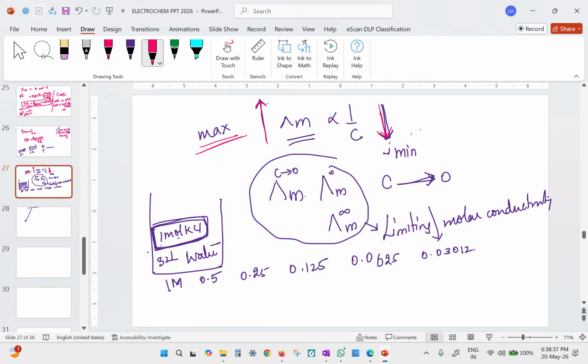That maximum possible value is the limiting value. Nothing more than that is possible. So we say it is limiting molar conductivity, and it is represented with lambda m at concentration approaching zero, or lambda m naught, or lambda m infinity. Any problem with this?